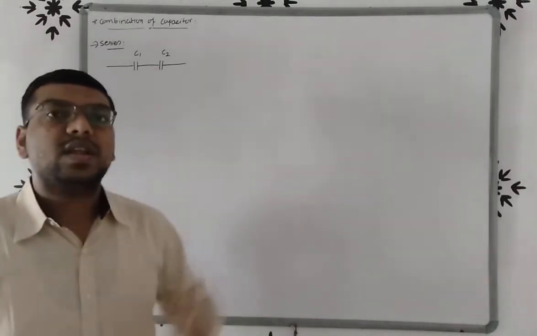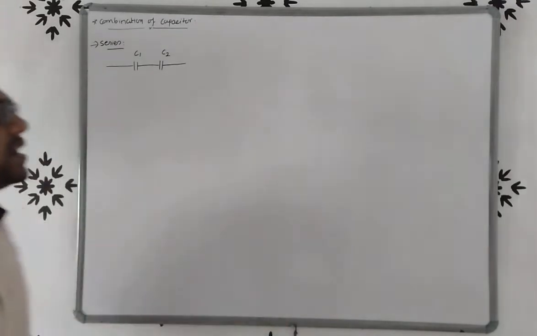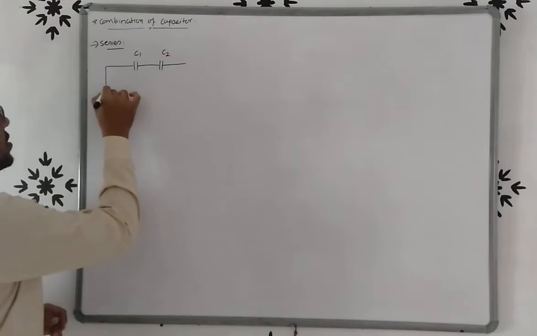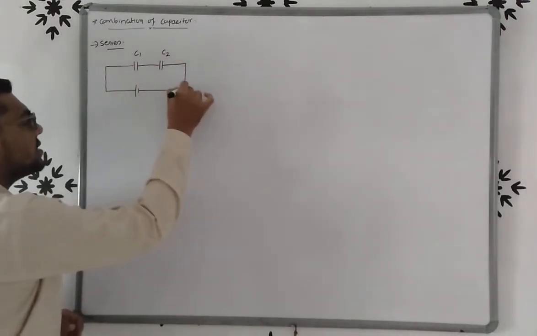As shown in the figure, the two capacitors C1 and C2 are connected in series, and this combination is connected to the battery like this.